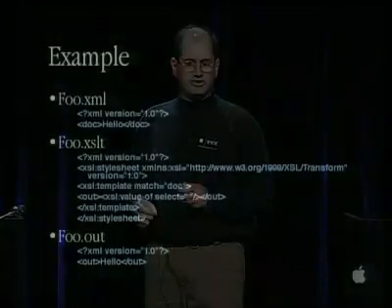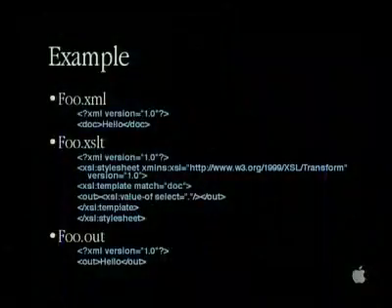Now, here's some examples of the components that make up the transformation process. At the top, we have foo.xml. And this is a basic input document, very simple, straightforward. It's kind of like a hello world kind of document. In the middle, there's our XSLT style sheet. And you can see there that there's a template element, and that's used to find the tag or the element and work upon it.